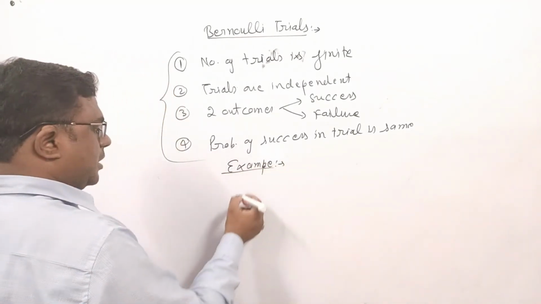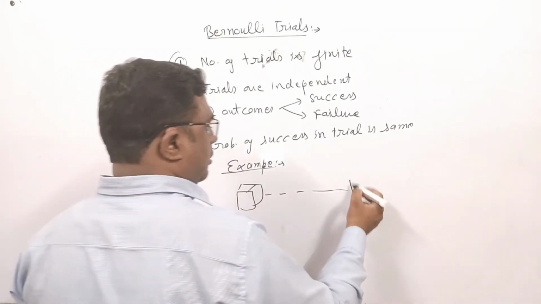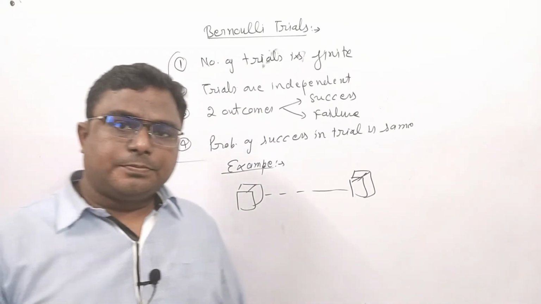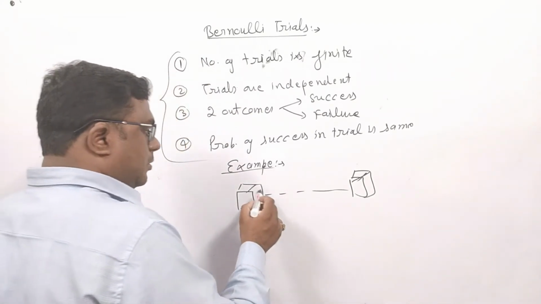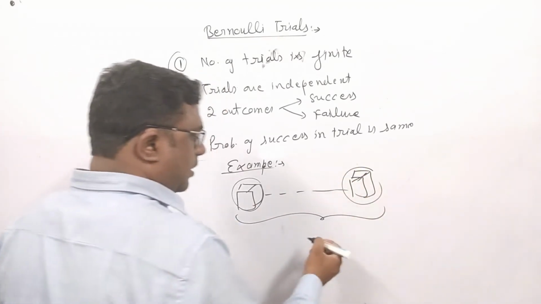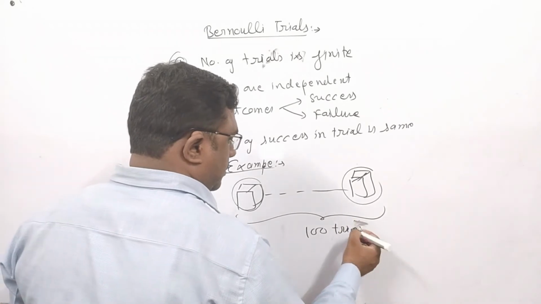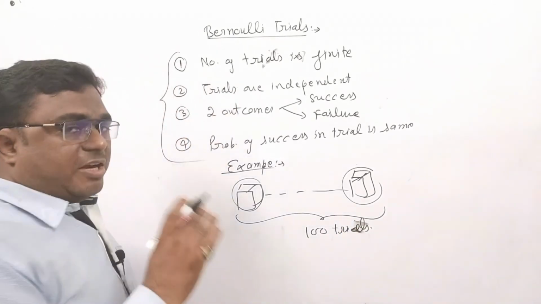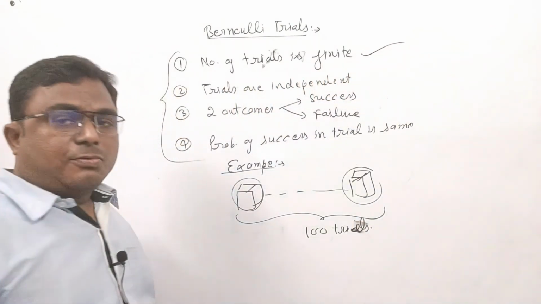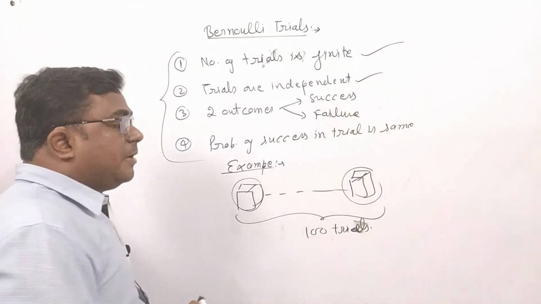Example. Suppose you have a die and throw this die 100 times under identical conditions. Since you are throwing the die again and again 100 times, this experiment contains 100 trials, which is a finite number. So condition number 1 is satisfied. Condition number 2, trials are independent.